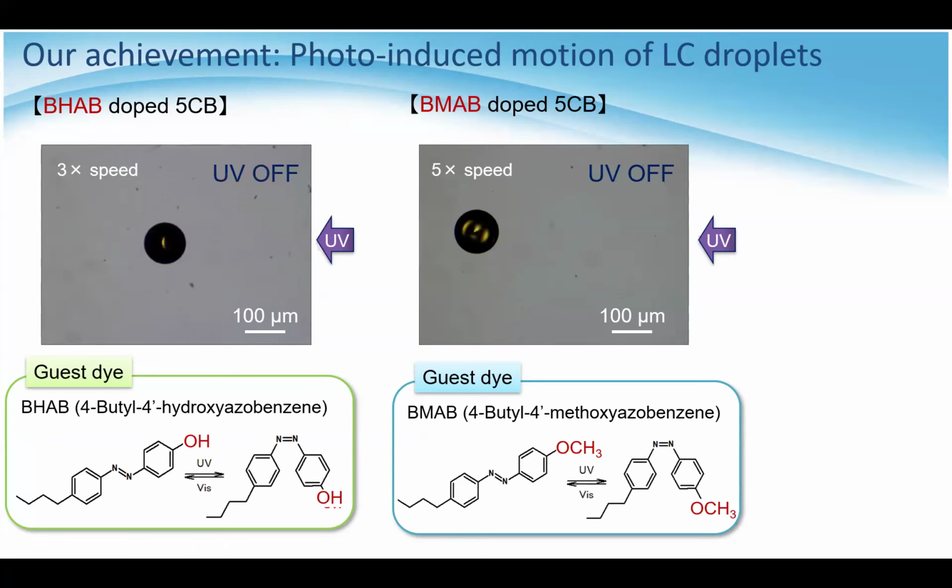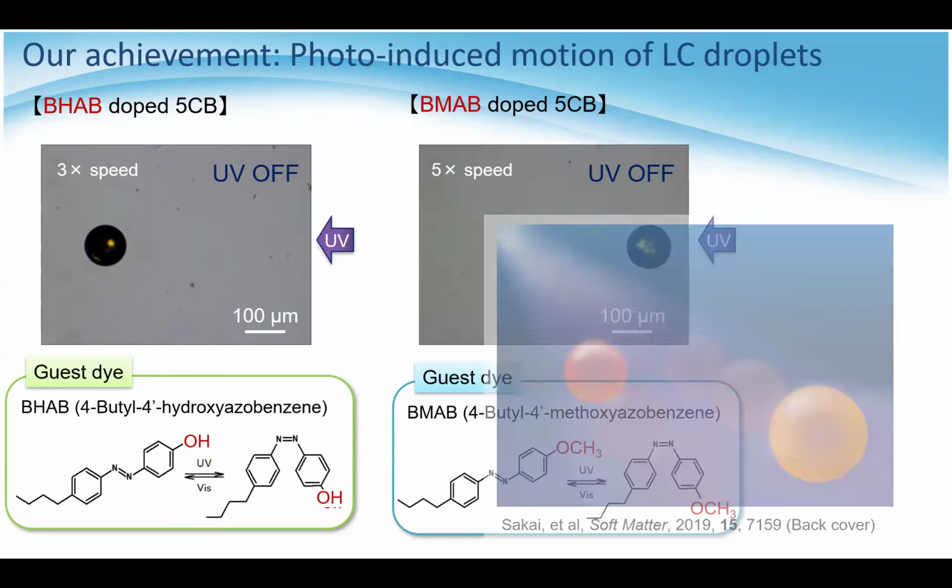This is simply done by modifying the functional group of the photoresponsive molecules, hydroxyl group and methyl group. And this is controlled by the photo-induced change that drives the molecules towards the interface or dissociates them from the interface.